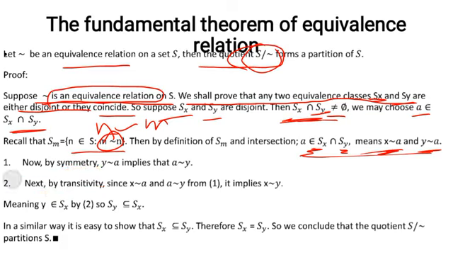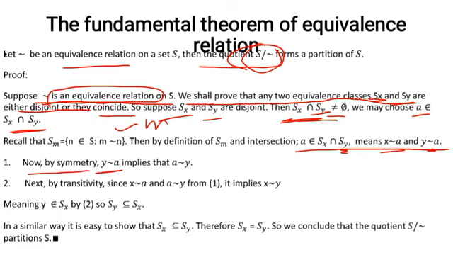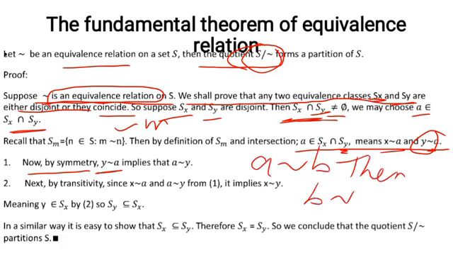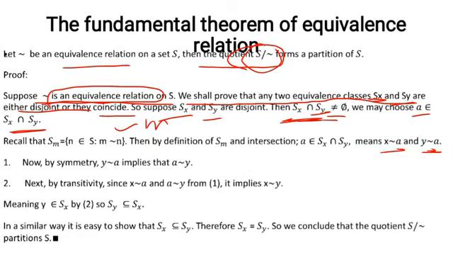If that is the case, with this new development, if X is related to A and Y is related to A, by symmetry, I will get that A is related to Y. Symmetry means that if I have A related to B, then B is related to A, right? So if Y is related to A, then A will be related to Y, as you can see on the screen, based on symmetry.